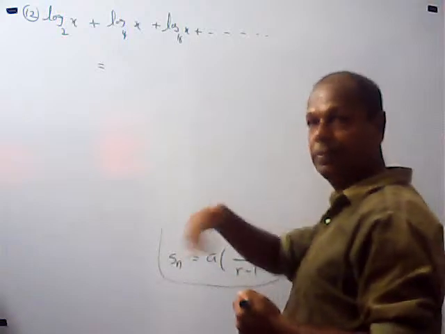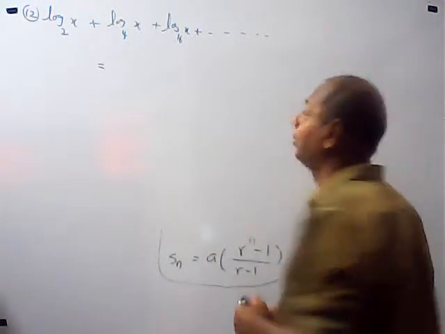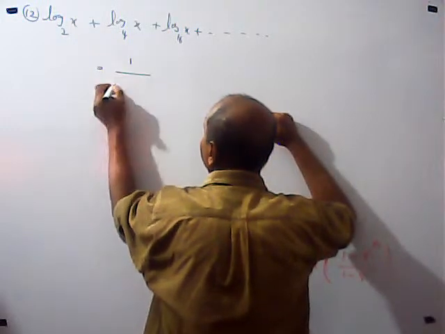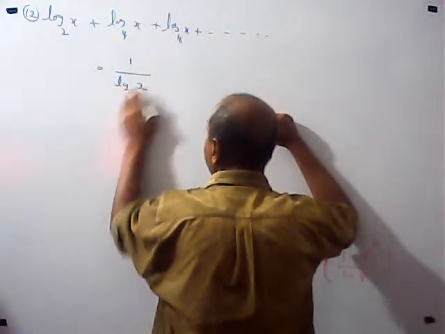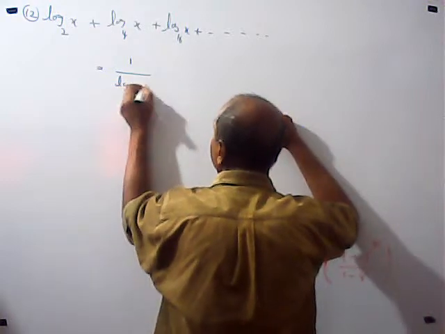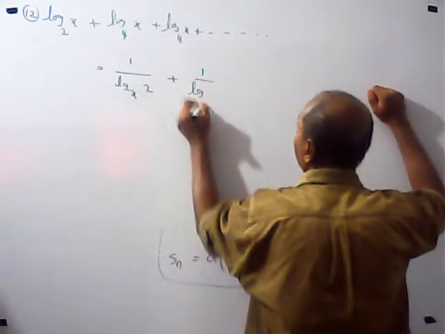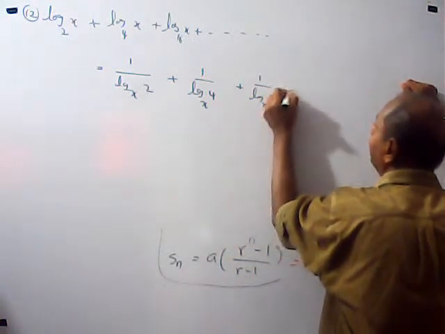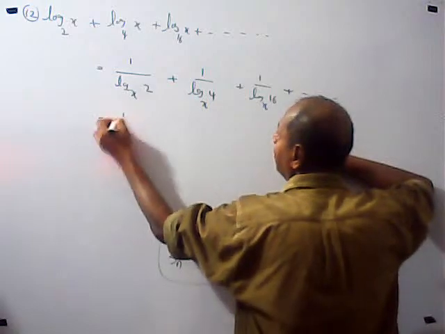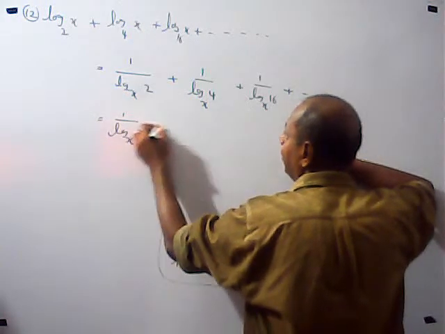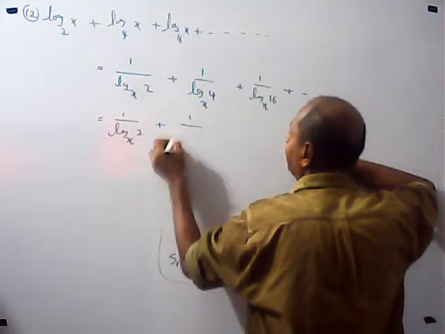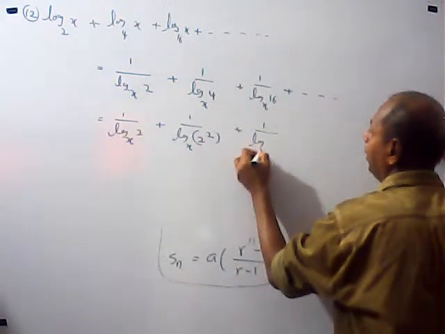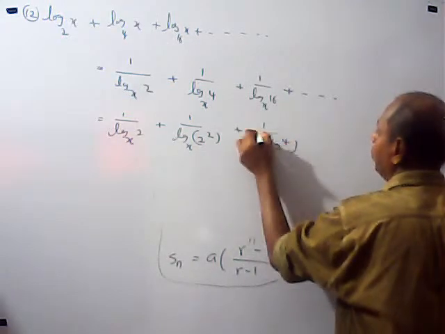For which you have to use the rule for changing the base. You take the reciprocal of them and send to the denominator. So reciprocal will give 1 over log base x of 2, 1 over log base x of 4, 1 over log base x of 16. Now again 4 can be written as 2 squared, and 16 as 2 to the power 4.